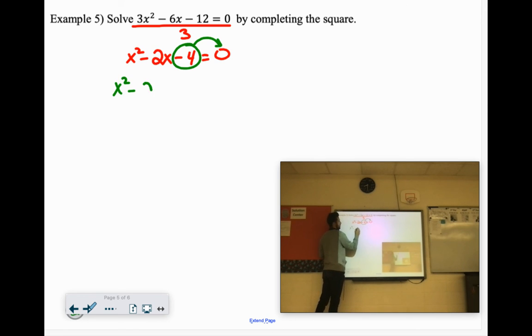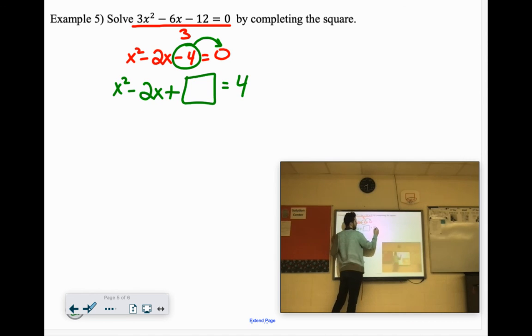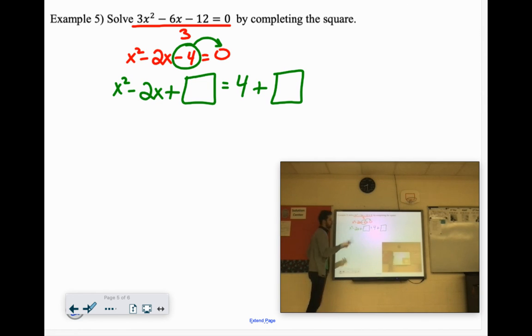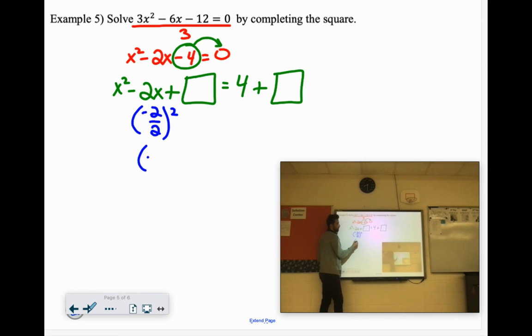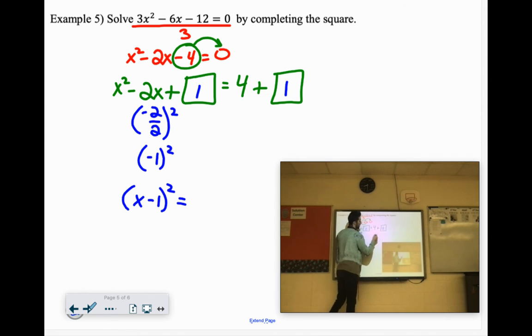X squared minus 2x plus blank equals positive 4 plus blank. To figure out that blank, we're going to take our b, divide by 2, and then we'll square it. Negative 2 over 2 is negative 1, which means this will factor to x minus 1 squared. And negative 1 squared will give us positive 1 for both sides. Right side, 4 plus 1 is 5.